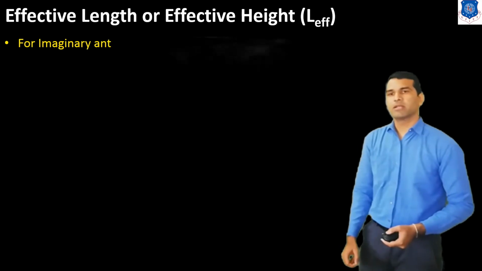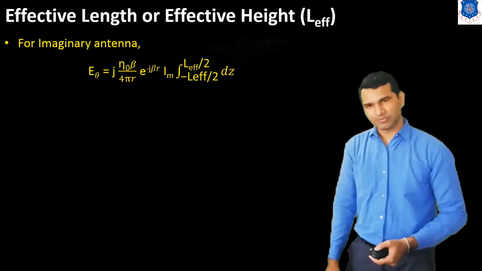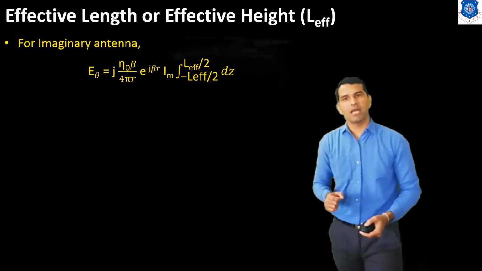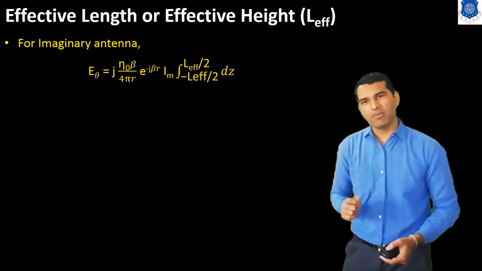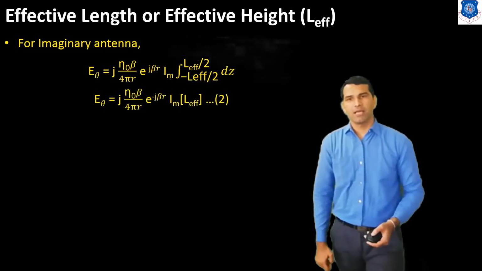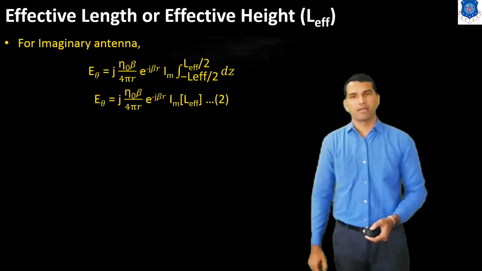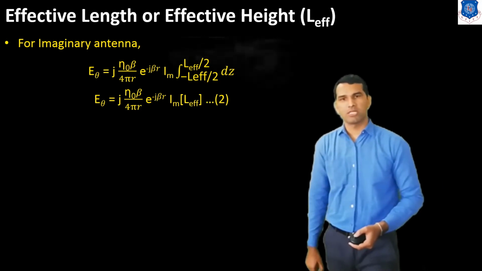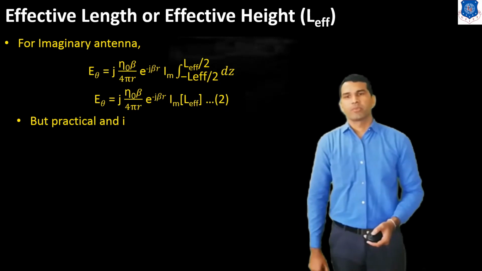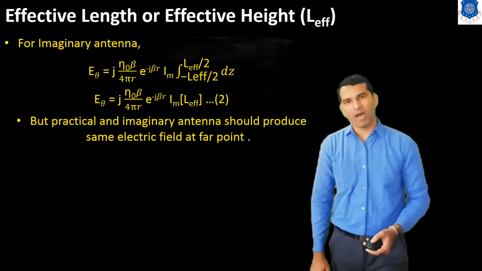Now for the imaginary antenna, we can write E theta = j eta 0 beta upon 4 pi r e raised to minus j beta r Im, integration from minus L effective by 2 to L effective by 2 of dz. So we get E theta = j eta 0 beta upon 4 pi r e raised to minus j beta r Im L effective when we solve this integration. But the practical and imaginary antenna should produce the same electric field at a far point.